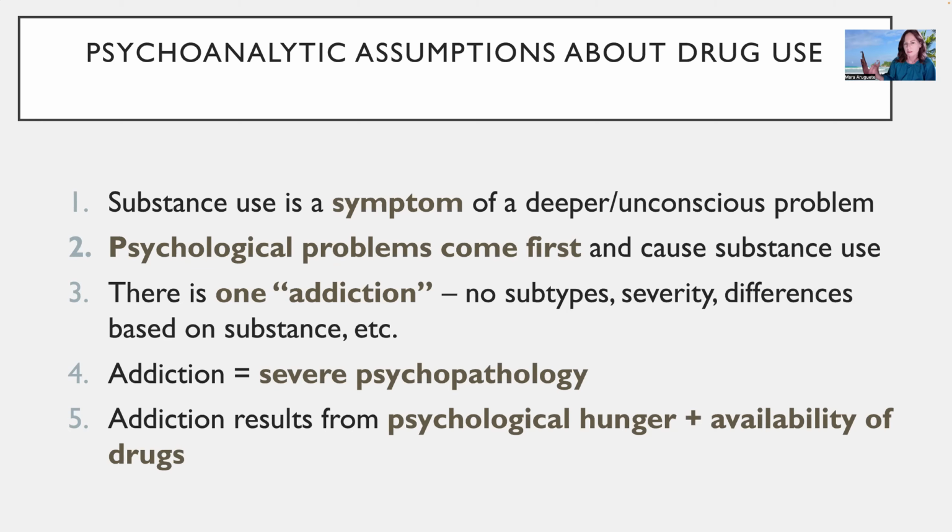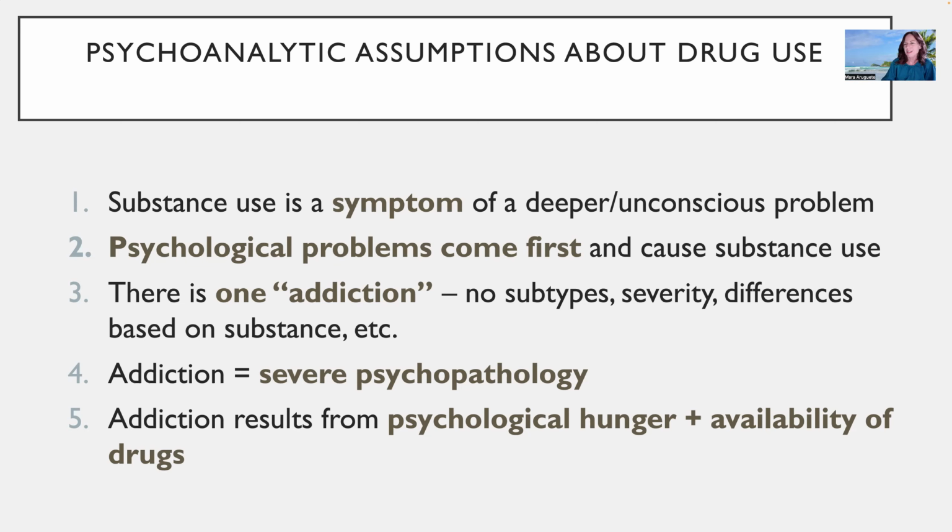So we use substances as a symptom. It means that we have more unconscious problems. The psychological problems, therefore, come first. We've developed these, remember, from childhood, and then that causes us to compensate, in a sense, with substance use.